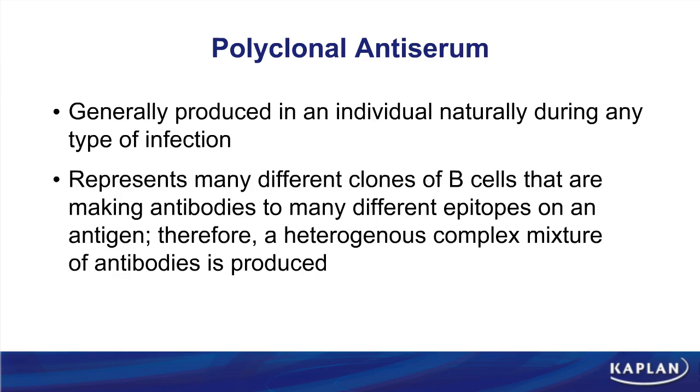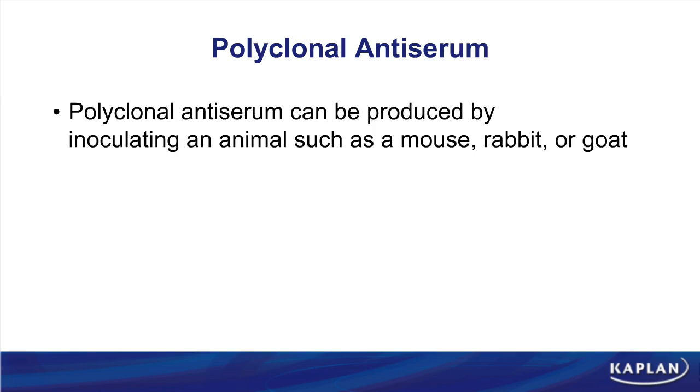So the polyclonal antiserum represents all these different clones and specificities of B cells making antibodies to the different epitopes on that antigen. So it's a very heterogeneous mixture of antibodies. As I said, polyclonal antiserum can be used clinically.